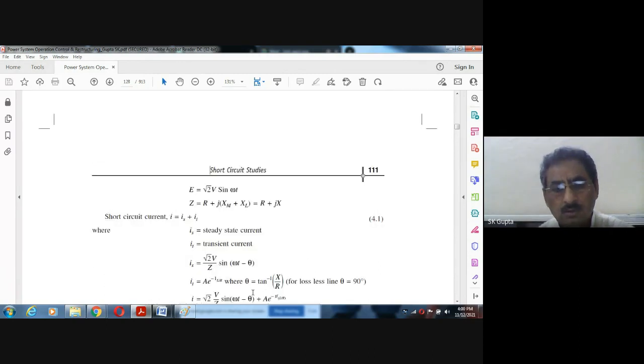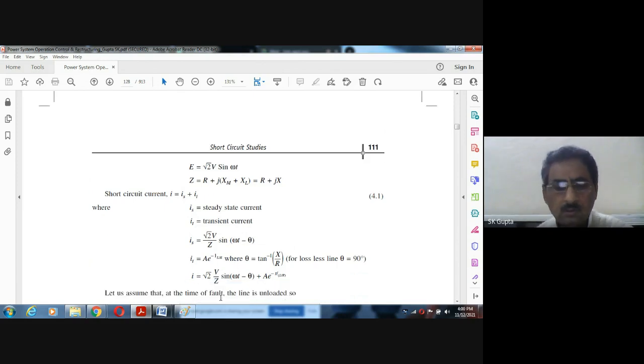So this is the equation for transient current, e to the power minus t divided by L by R. Okay, so total current will be this: e to the power minus t L by R is the transient current, and √2V by Z sin omega t minus theta is the steady state sinusoidal current.